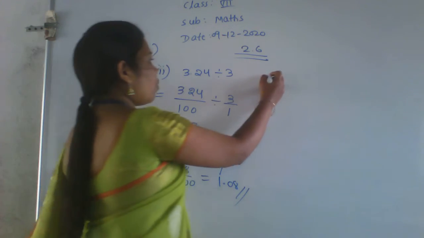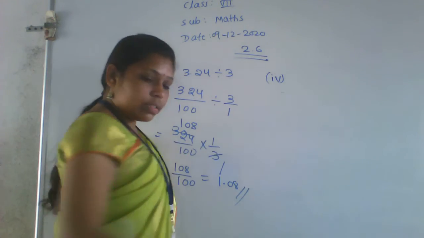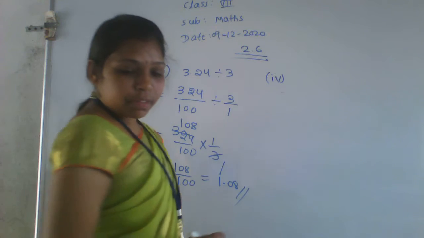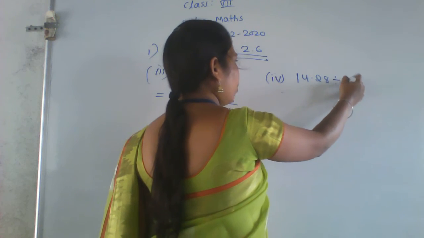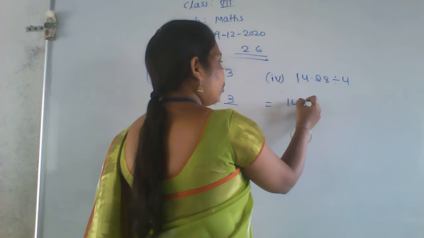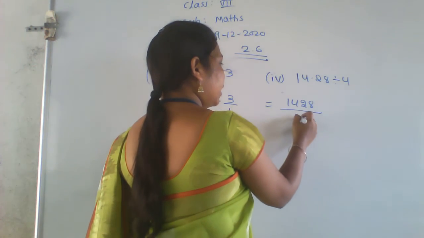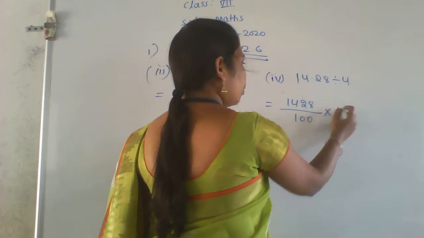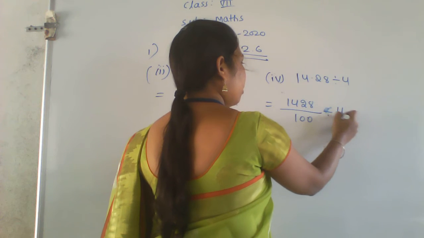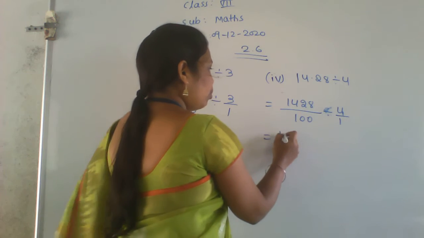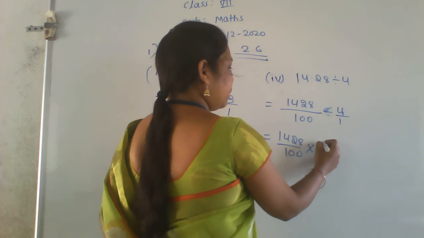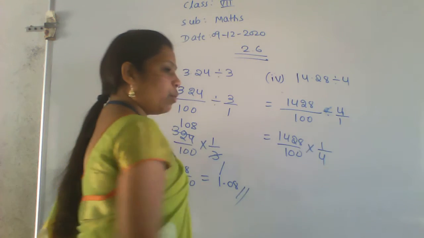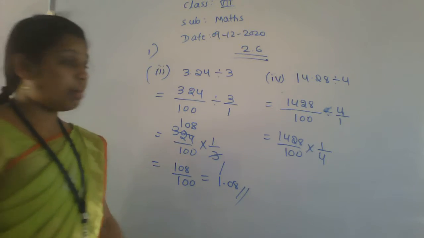Okay. Next go for the fourth problem. What is the fourth one they have given here? 14.28 divided by 4. 14.28 means 1428 divided by 100, divided by 4 by 1. Now we can't divide fractions, so do the multiplication. Take the reciprocal of 4 by 1, that is 1 by 4.